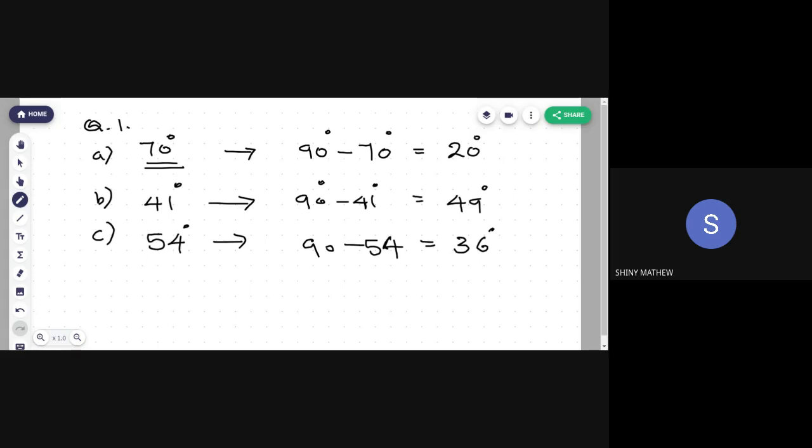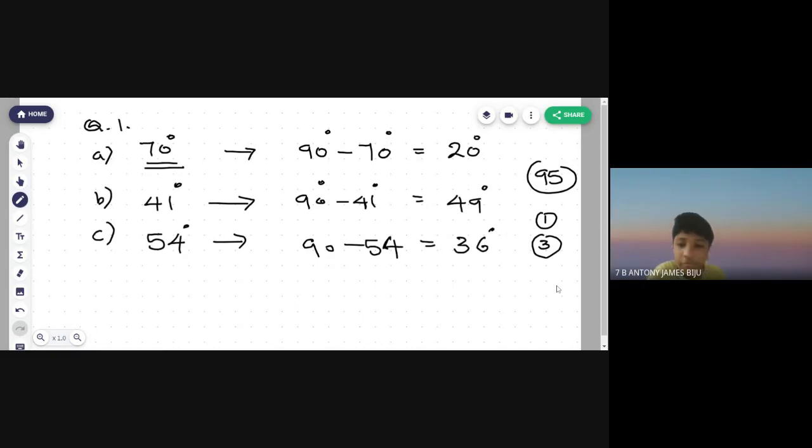All of you take page number 95 in your textbook. The main question number 1, Try this. The third question now we are seeing. The difference in measures of two complementary angles is 12 degrees, then find the measures of those angles.